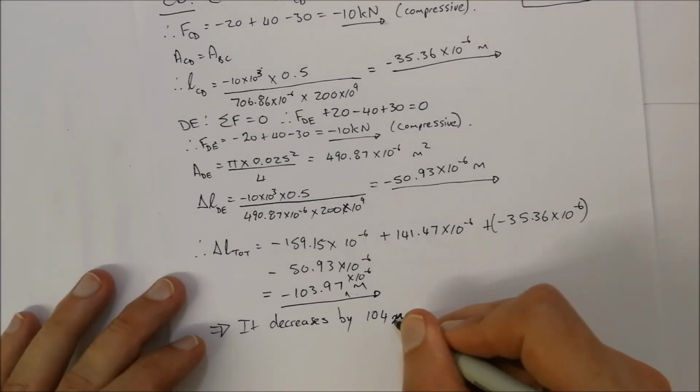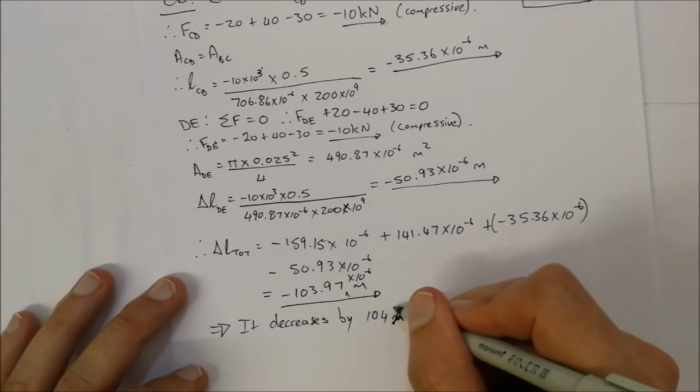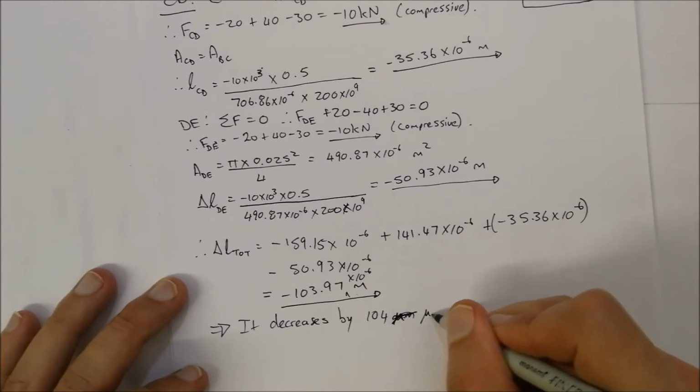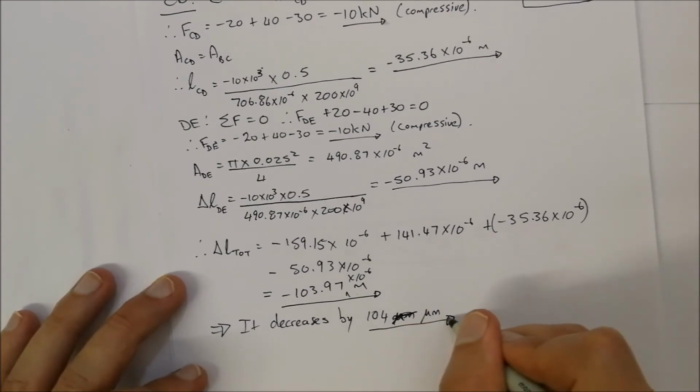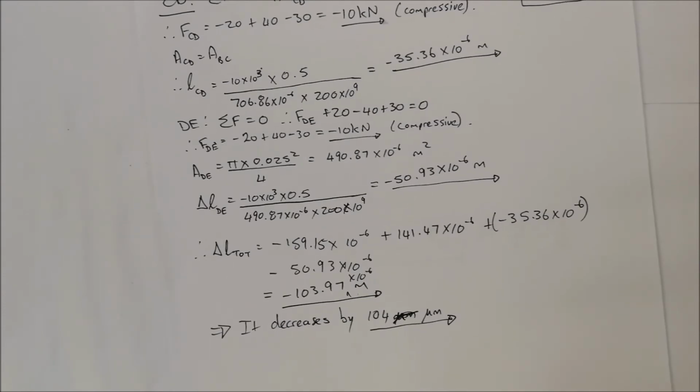So just be careful of the units over there. It's micrometers. Let me scratch it out and write micrometers as such. So it's quite a small amount that it decreases by. For micrometers, it's not going to be visible by the eye, but it can be quite substantial when you've got a very tight fitting scenario of your different materials.